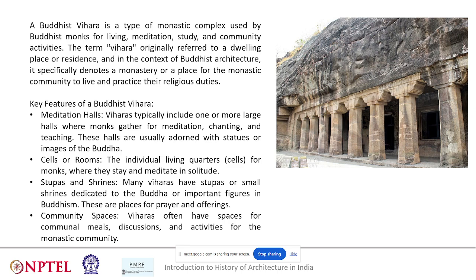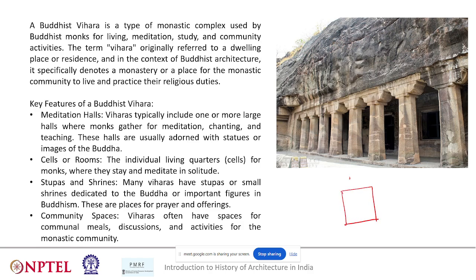If you look into the very old viharas, obviously you won't find any statue or image of the Buddha, but in current day viharas or monasteries, the meditation halls are adorned by several statues or images of Buddha.